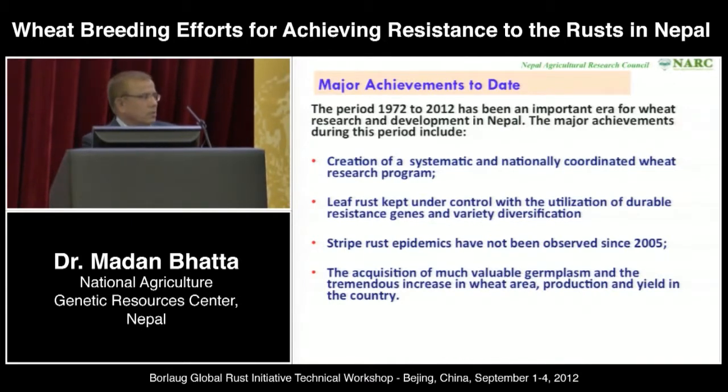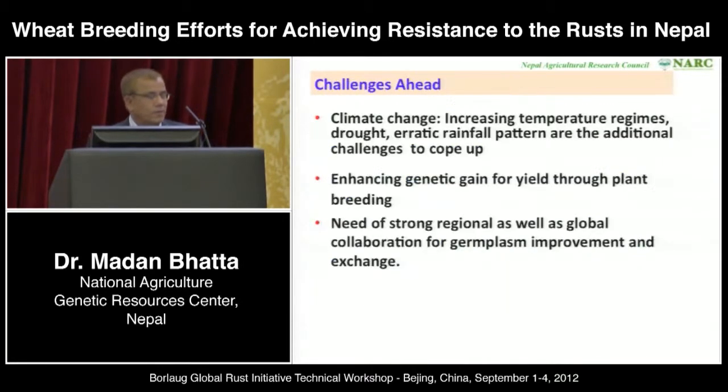Now we have valuable germplasm from CIMMYT through BGRI and CIMMYT, Dr. Ravi Singh, and we are using those germplasm in our breeding program. Where we have challenges: heat, climate change induced high temperatures in South Asia may reduce yield by 20 to 30% by 2030.